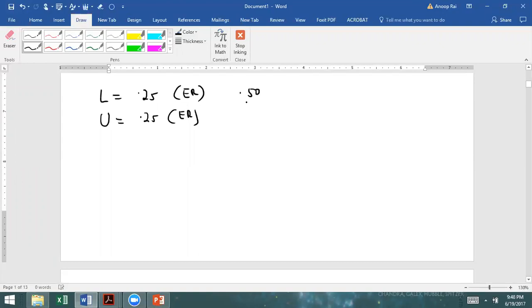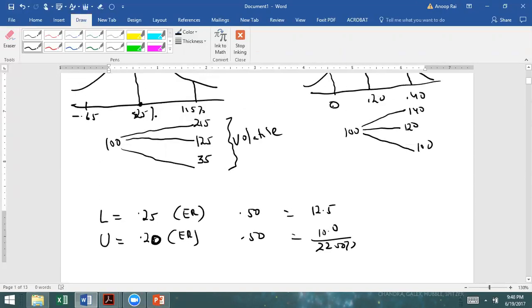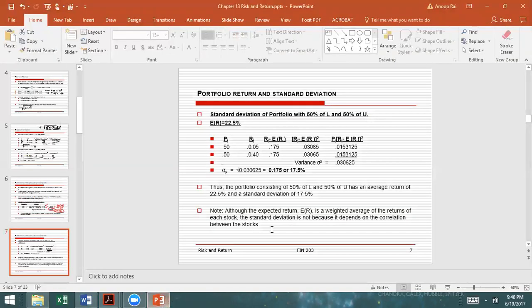If I buy 50% of this and 50% of this, then essentially what I'm doing, I'm sorry, this is 20. What I'm doing is I'm going to get a perfectly weighted average, which is 12.5% here, 10% here, so it's 22.50%, just like we calculated over here on the previous page, right?